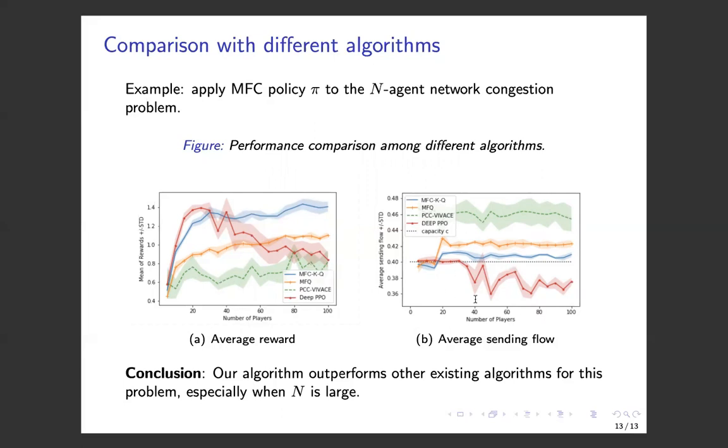And also in the second graph, the black dashed line is the true capacity of the shared link. So the closer you are to the true capacity, the more accurately you learn. So you can see here our blue result is the closest one.